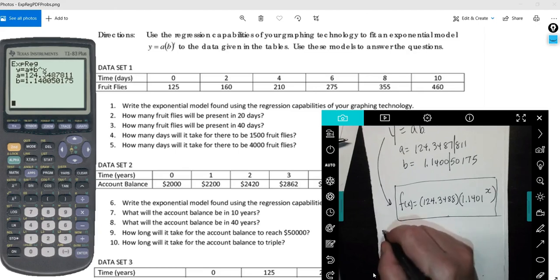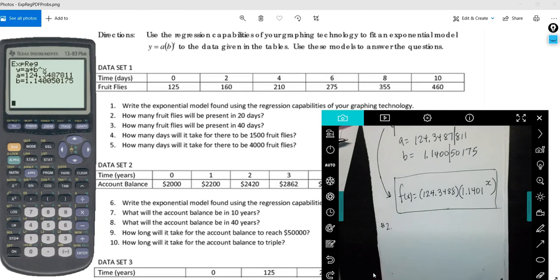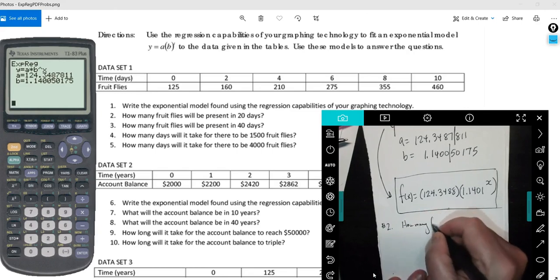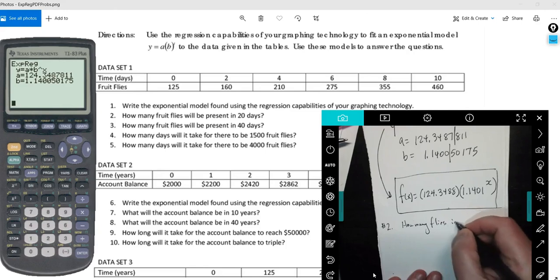So for number 2, I'm going to have to use the regression equation. How many fruit flies will be present in 20 days? So how many flies in 20 days?